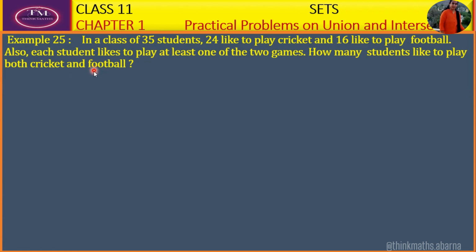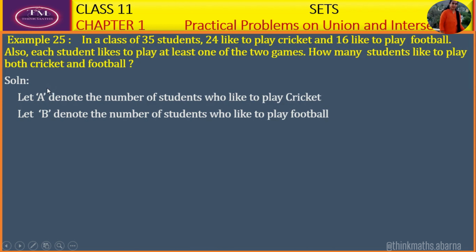So it is about cricket and football. So let us name the students who like to play cricket as A and students who like to play football as B. So what is given? Totally there are 35 students. That is n of A union B is equal to 35. 24 like to play cricket.